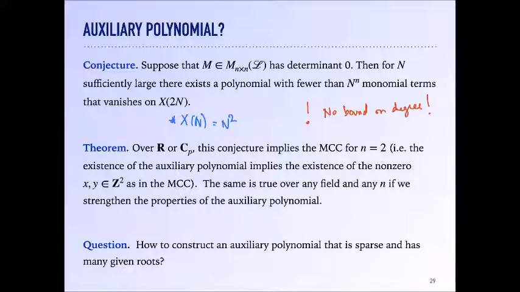The existence of a polynomial is saying that this matrix of monomials evaluated at my parameters has a kernel on the right side. Then you can say there's a kernel on the left side and interpret that in terms of a polynomial also. So you can translate this into a statement about degree with different vanishing, or if you want this vanishing, then a statement about number of monomials. It's essentially equivalent. But either way, I have no idea how to produce such a thing, and I'll leave that as a tantalizing open problem.